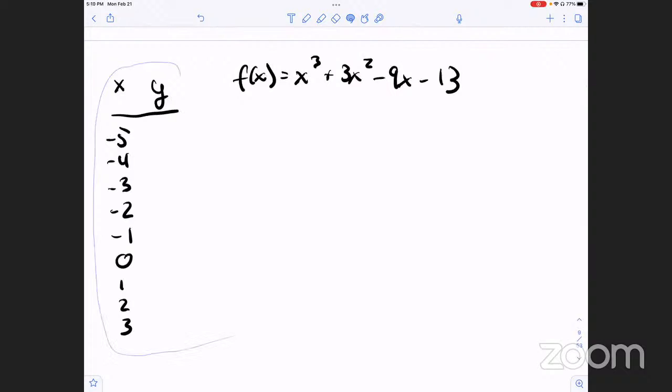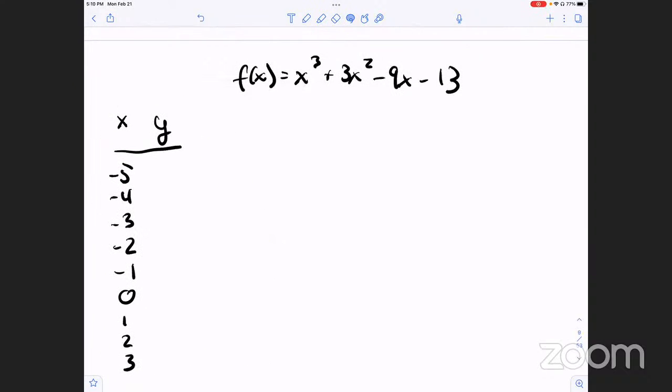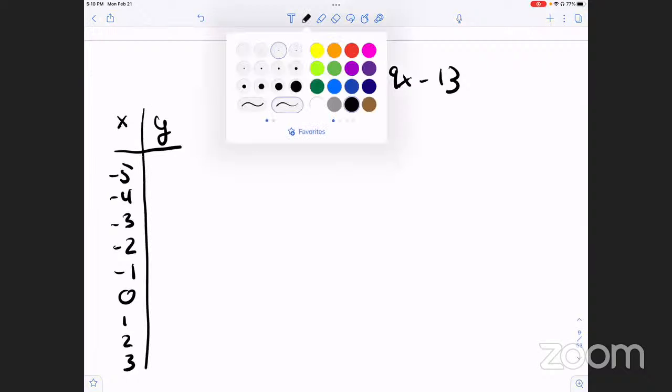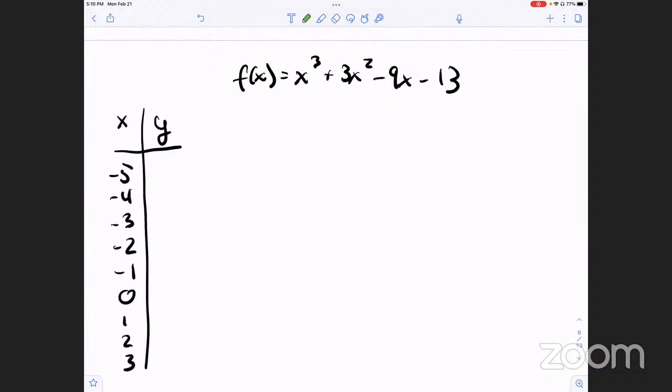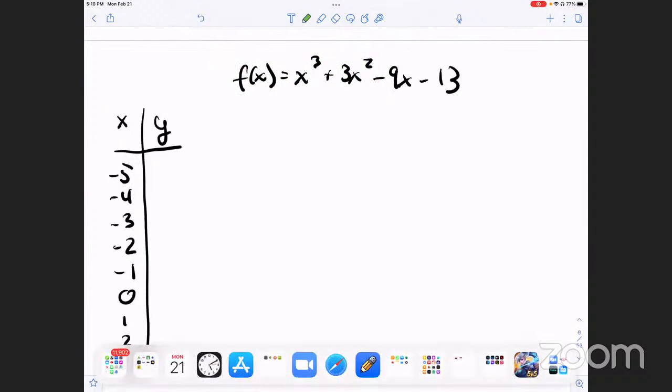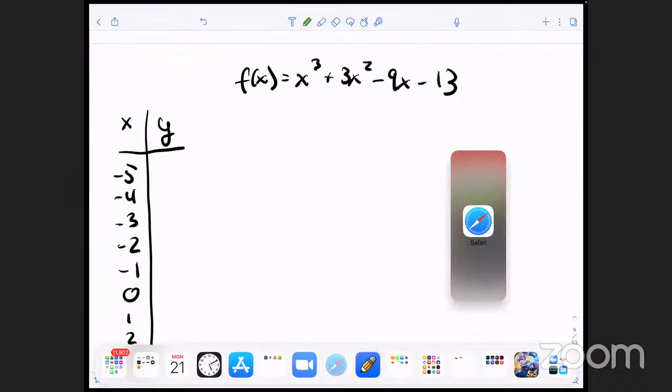Let's move this down, and let's choose a different color. For the corresponding y's, I'm going to use my calculator.